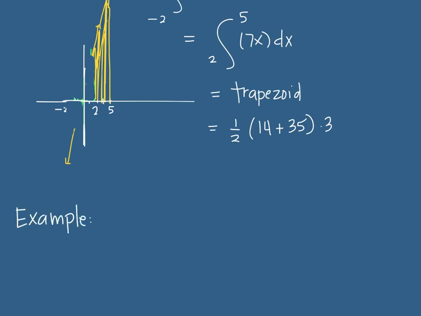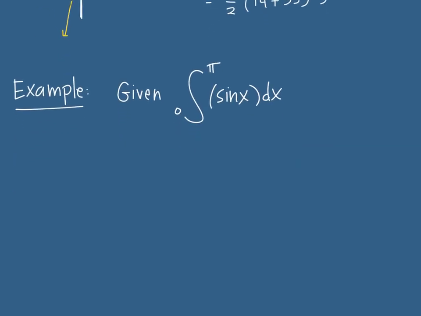I'm going to give you a geometric value that you can use in other equations now. It's a trig one. All right, given from 0 to pi of sine of x dx.